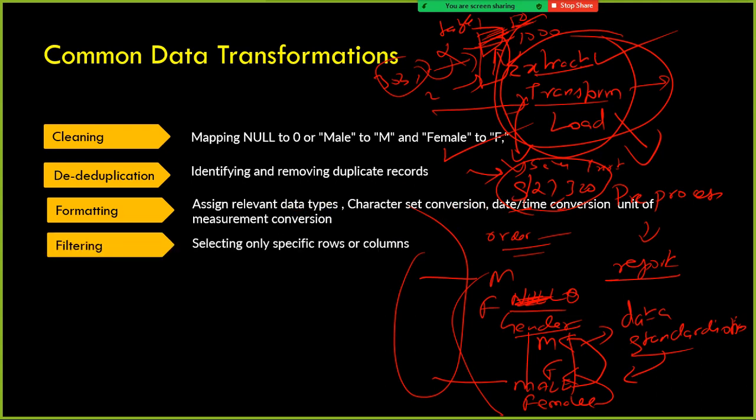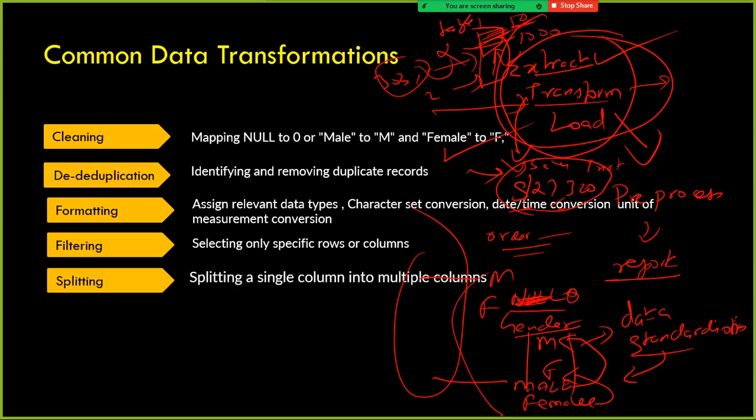And filtering: you need to select only specific rows, because for your use case you need to select rows based on some business logic, not all the records. You do cleaning, you do deduplication, you do formatting, you do filtering, and you need to do some kind of column splitting. For example, the state and country values got combined together in my column.